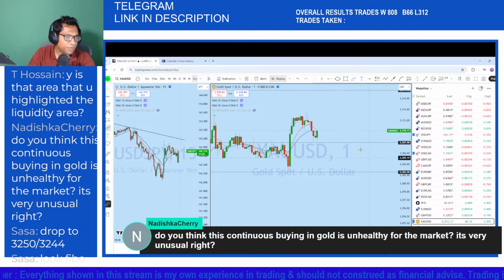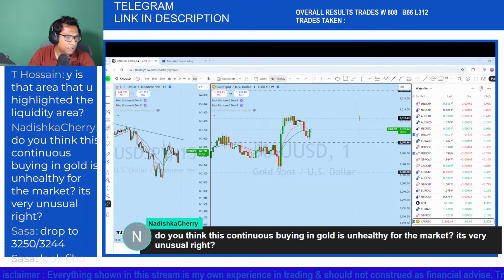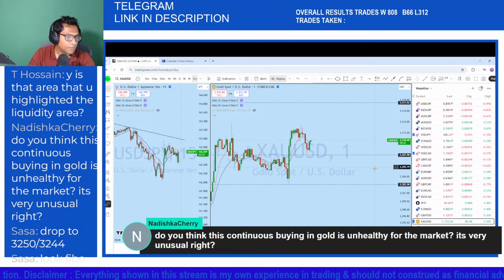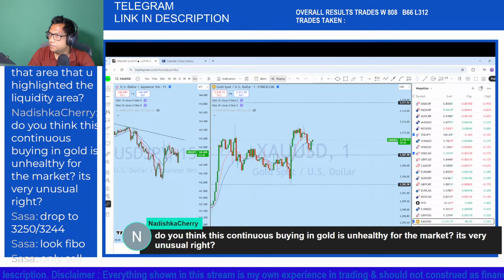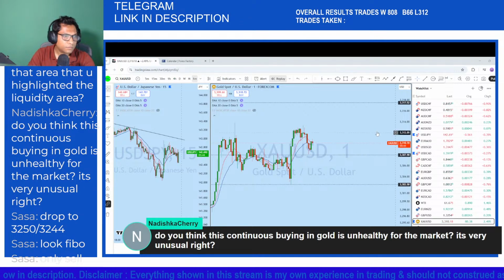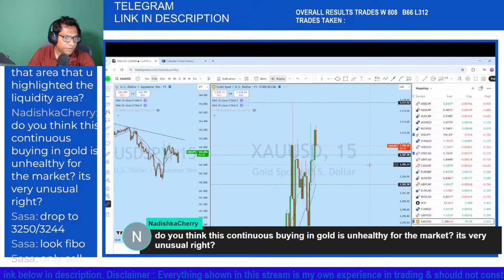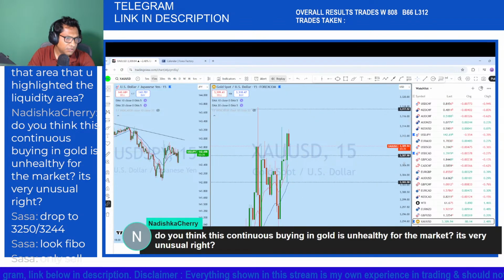This is 1 minute price action, and if it is coming back here again from the 15 minutes, we can see that it dropped for a retest.